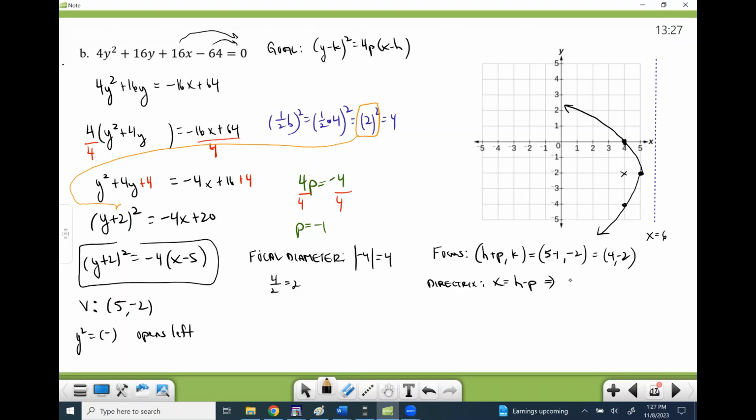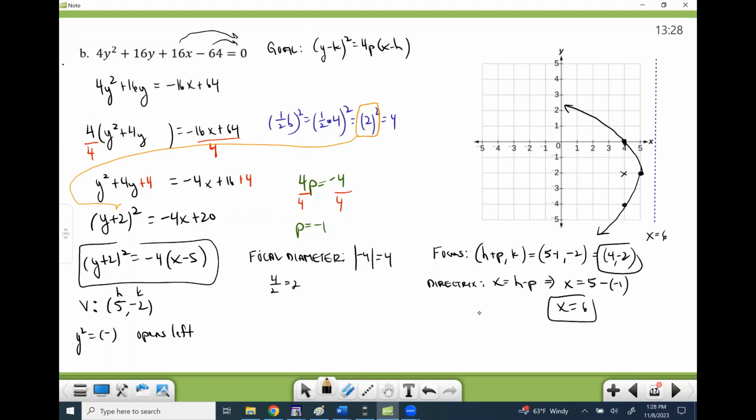For this one, x equals, so the h is the 5 minus p is -1. So that's going to give you a 5 plus 1, which gives you 6. And you can see that those match. We already knew it was x equals 6. We already knew it was 4, -2 for the focus. So we are looking pretty good.